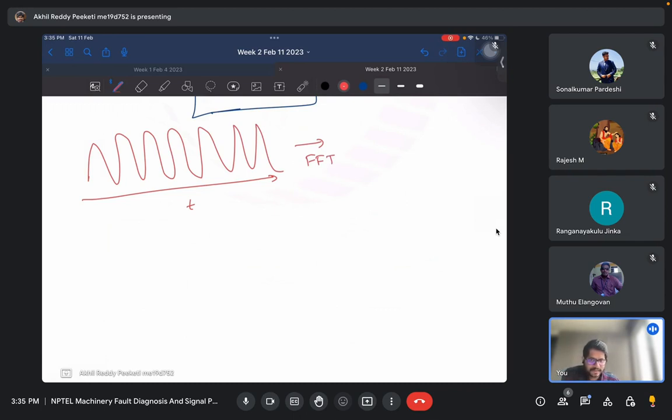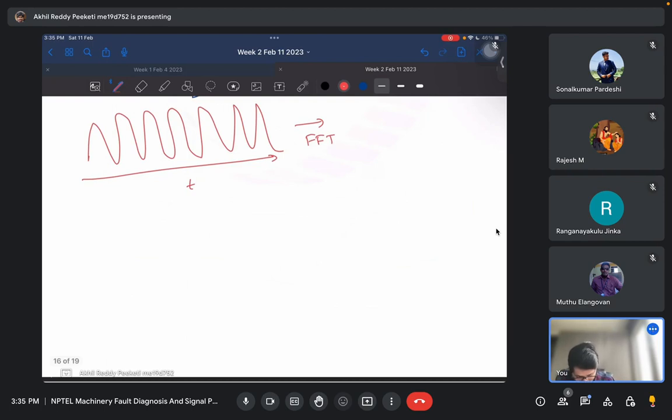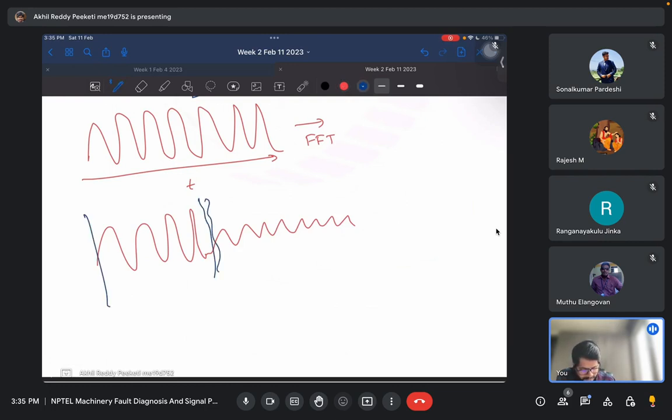In STFT, you cut the data into different data sets and then do FFT on each of them separately. So that is STFT.